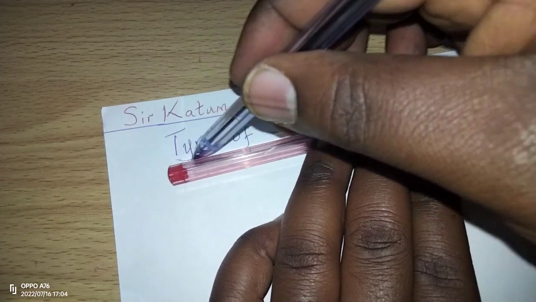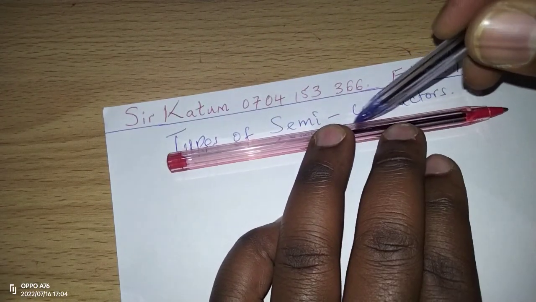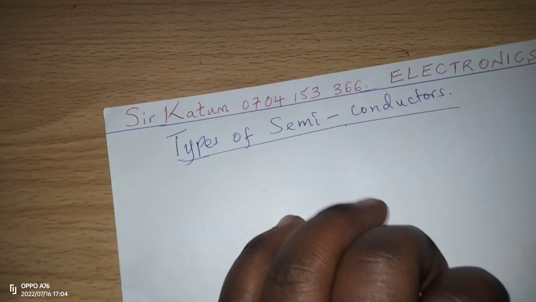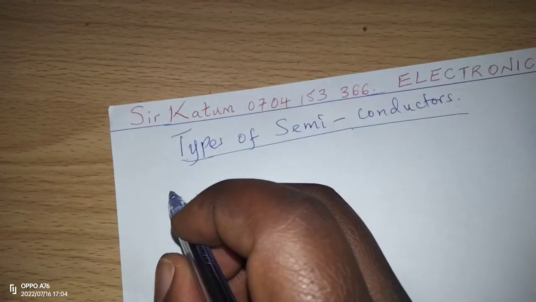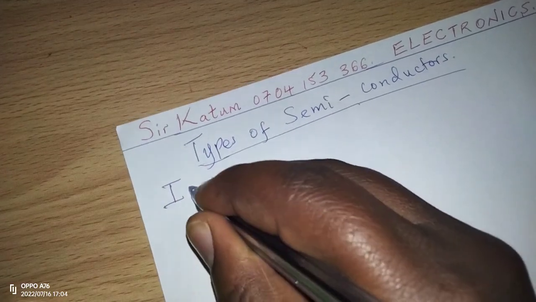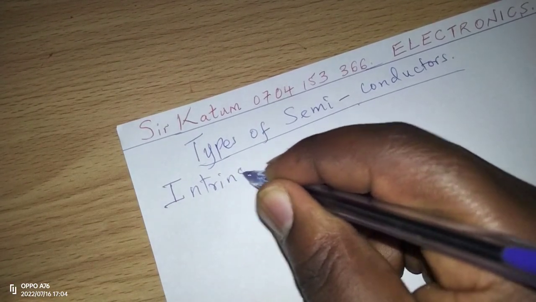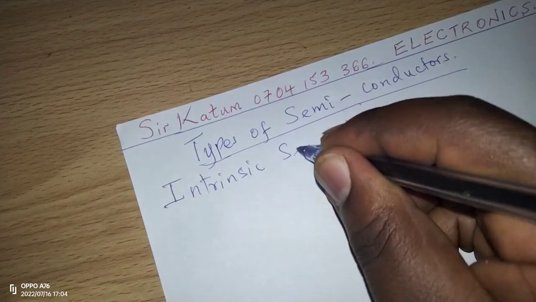Therefore, now we have two major types of semiconductors, which are pure semiconductors, or rather the intrinsic semiconductors.